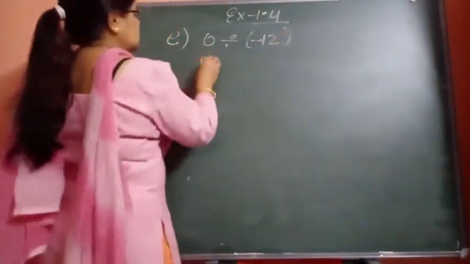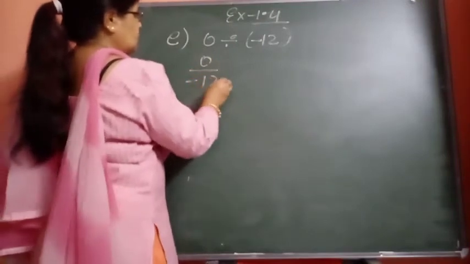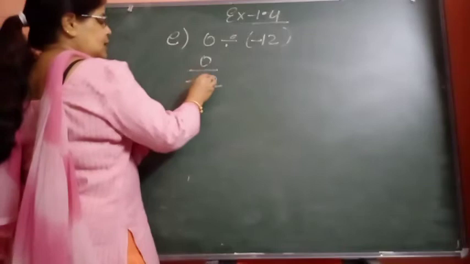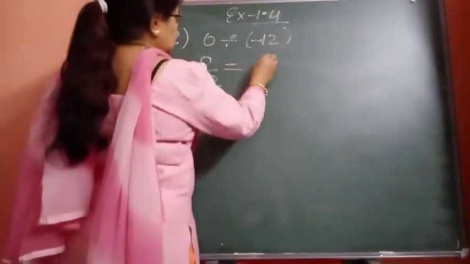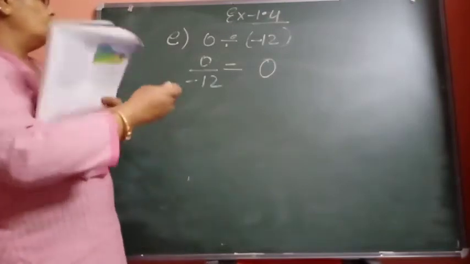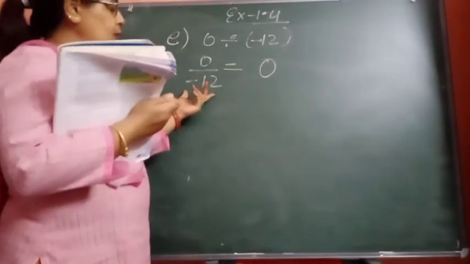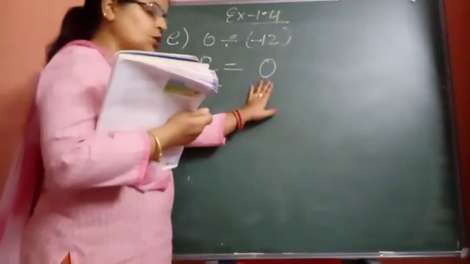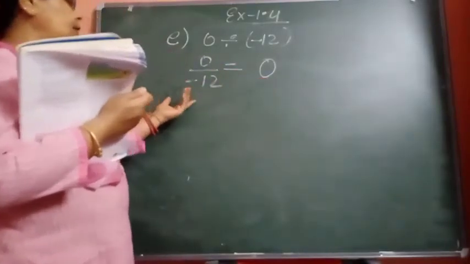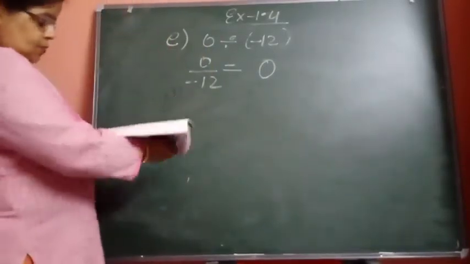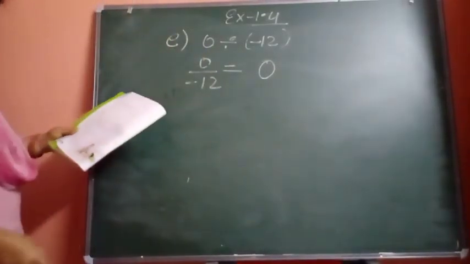See that, 0 upon minus 12. If 0 is divided by any number, it will always come 0 as a result. There is no doubt whether it will be a positive value or a negative value. If it is a positive value, then 0 will come, and if it is a negative value, then also 0 will come.